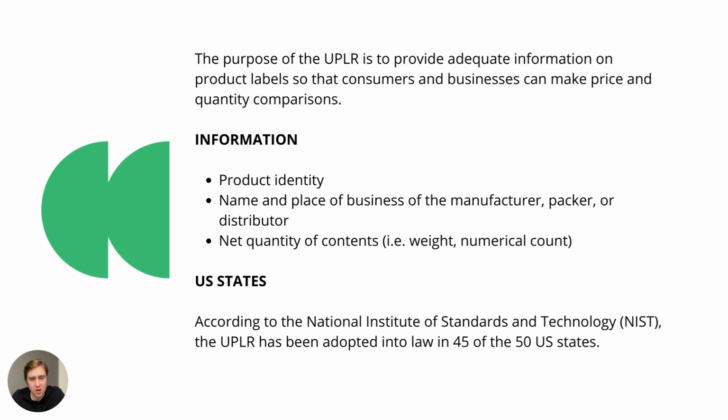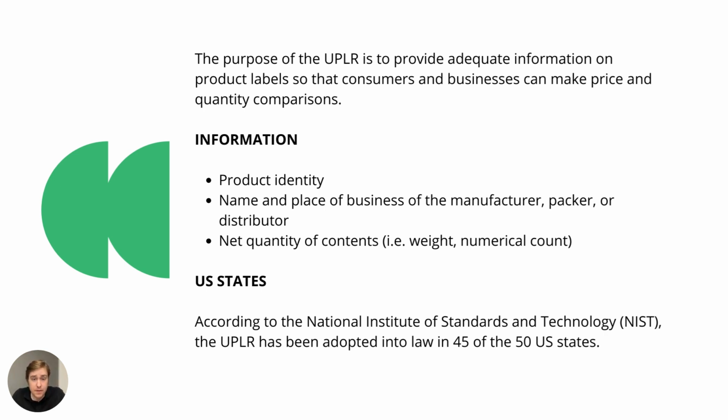The purpose of the UPLR is to essentially provide information about the product, the seller and the quantity to consumers and also to businesses, so they can make proper comparisons. The labeling requirements more specifically cover three main components. First, product identity, that could be the product name.